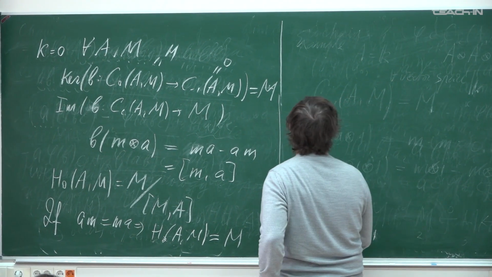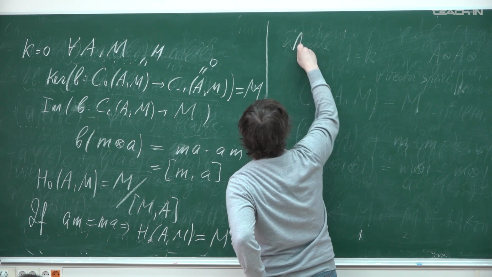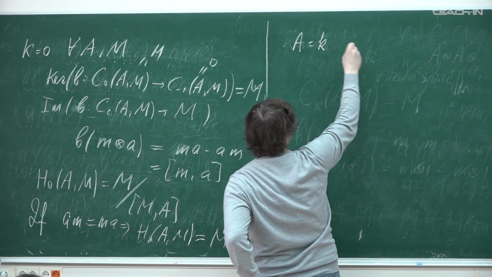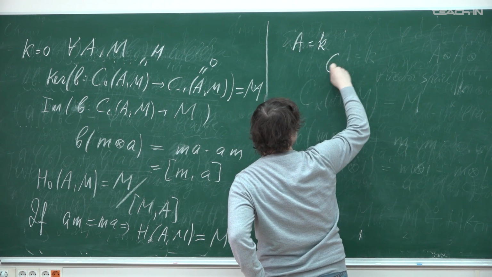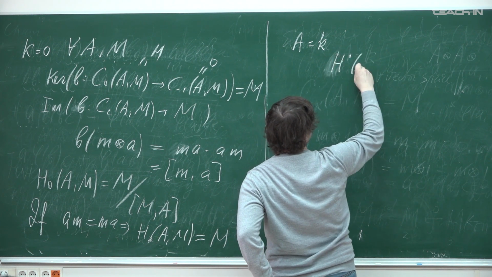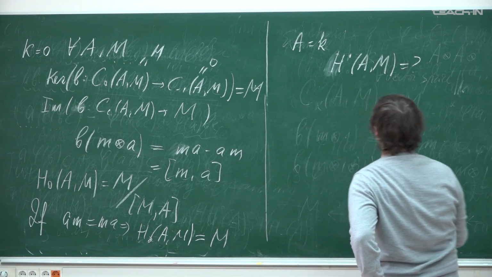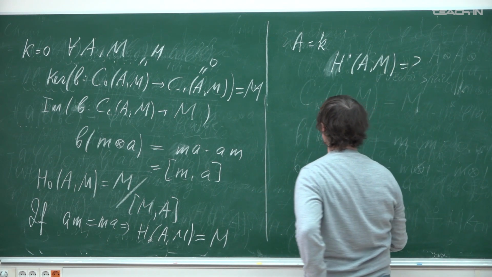Let us instead consider the dual situation. So if A is equal to K, let us now compute the cohomology H^• of (A,M). Let's do the same construction.